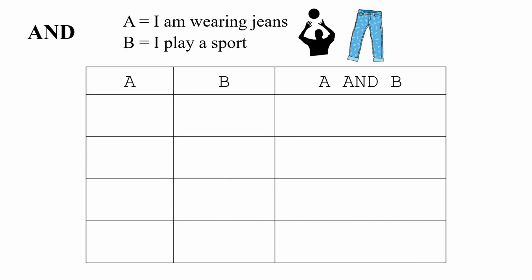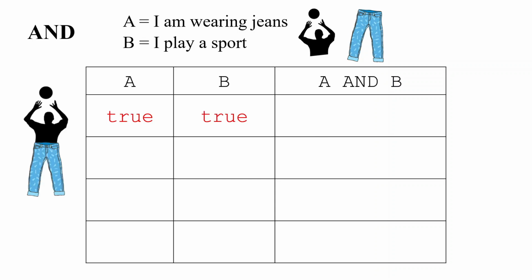Okay. So here, I have another situation. Again, A and B are going to be variables. A is going to be I am wearing jeans, and B is I play a sport. So these are going to be statements that are either going to evaluate to true or false. So I set up my truth table, and A could be true and B could be true.